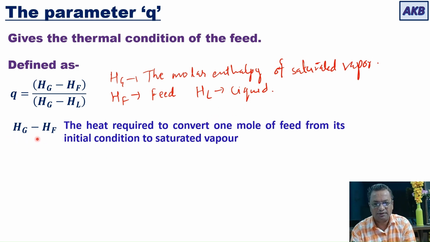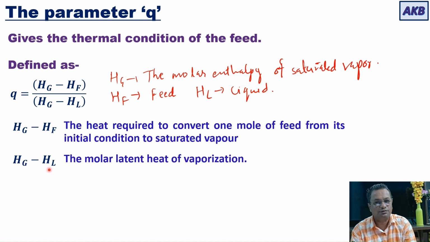And when you look at the denominator, which is Hg minus HL, it is the difference between the molar enthalpies of the vapor phase and the liquid phase. So this is nothing but the molar latent heat of vaporization.